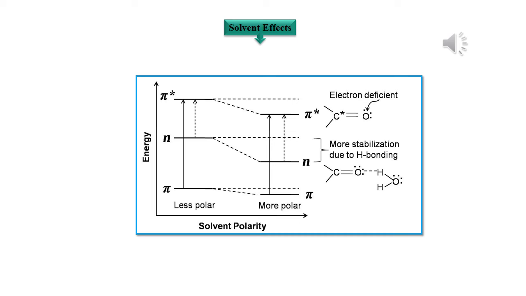At less polarity, it requires high energy to go from ground state to excited state, whereas at more polarity the energy of transition is reduced. That means it has a higher or longer wavelength. The energy of UV visible radiation needed for absorption is reduced as it goes from ground state to excited state, pi to pi star and n to pi star.